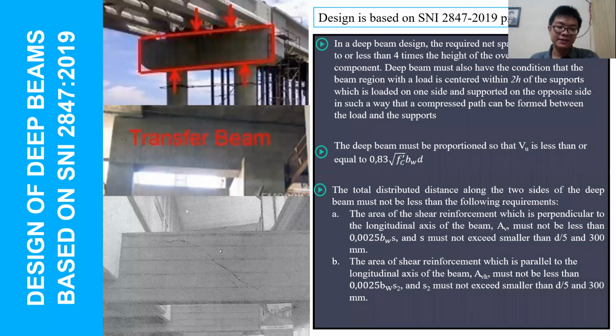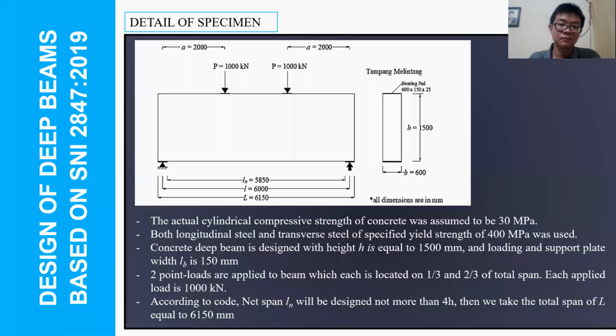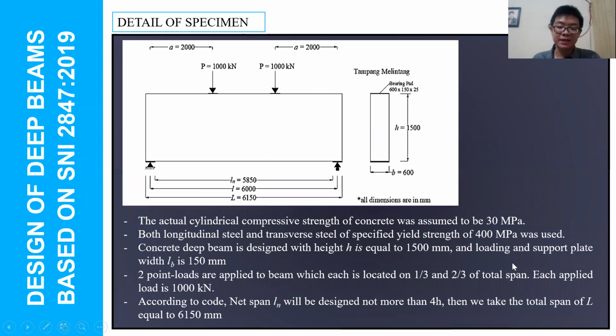The fourth part is design of the deep beams based on SNI. And here are some of the terms on designing deep beams by using SNI provision codes. The detail of the specimen itself can be seen from the picture shown in the presentation slide.